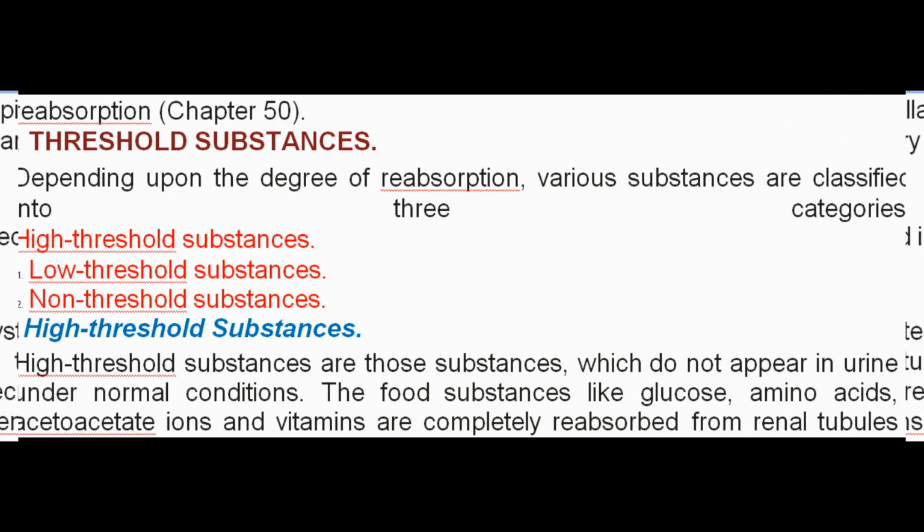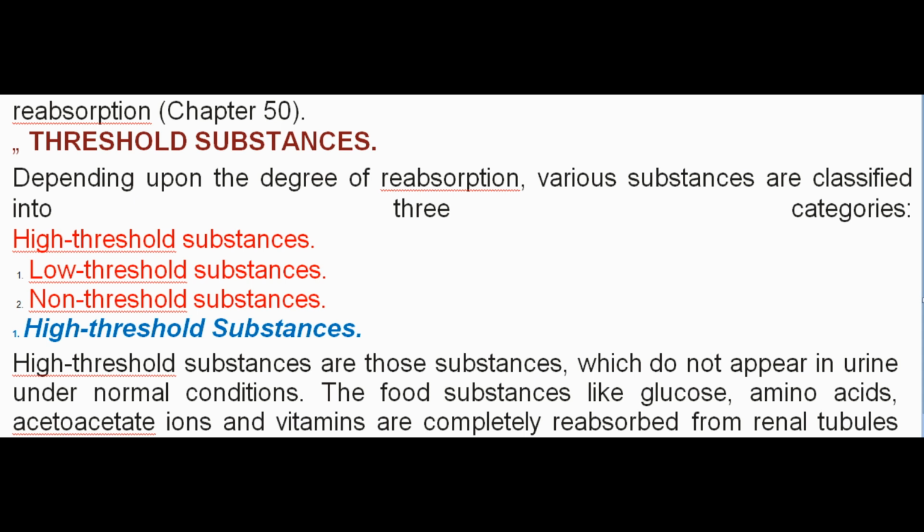Threshold substances. Depending upon the degree of reabsorption, various substances are classified into three categories: high threshold substances, low threshold substances, and non-threshold substances. High threshold substances are those substances which do not appear in urine under normal conditions.